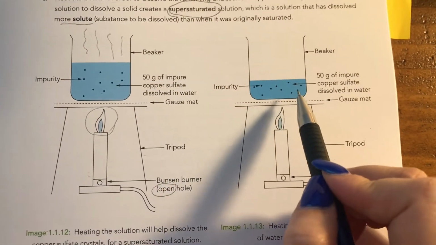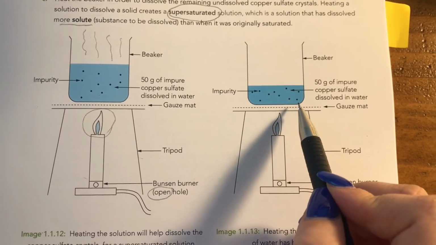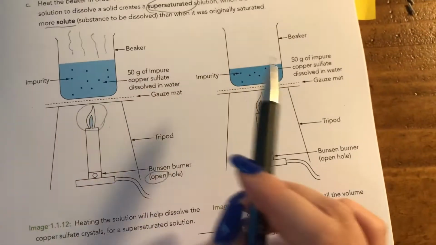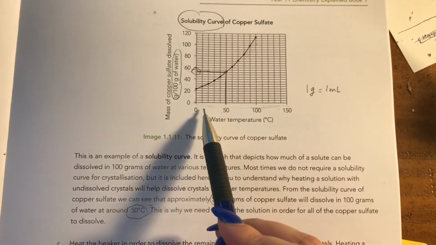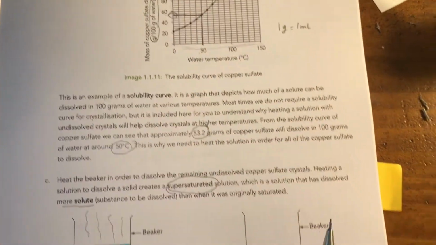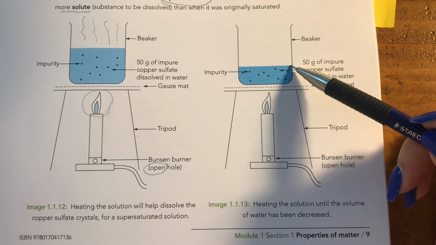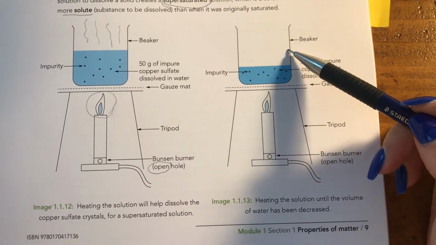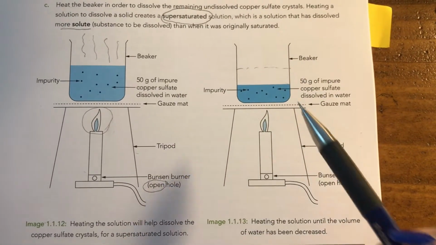It's coming out and it's creating a supersaturated solution as well, and it's extremely hot. So the more heat that we apply, the hotter it becomes. More of the copper sulfate can dissolve, but this also means that we can reduce the volume of the solution. So what we've done is we've reduced it to approximately half, okay, like so.